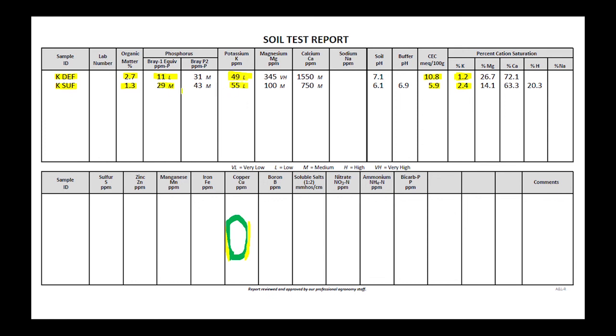And because we were seeing these symptoms on one part and not the other, and it looked like there was enough potassium available, we might have just gone ahead and made this application to the deficient areas when both were actually deficient. So that's a way to compare soil samples.